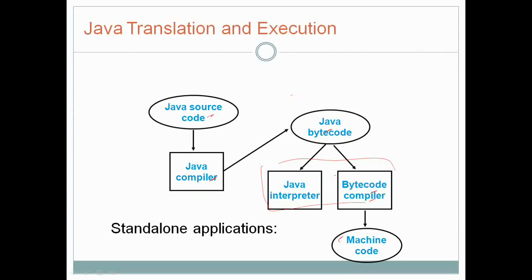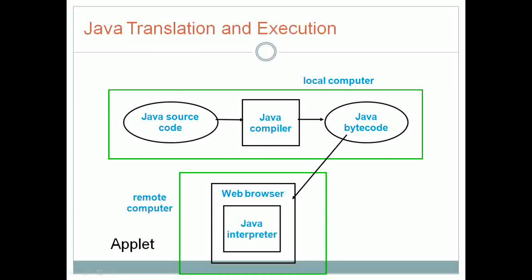Now this is about a standalone application, but there is one more kind of application called an applet. An applet is a program which is downloaded and executed within the browser. The browser has an interpreter which interprets the bytecode and executes it. So an applet is a web-supported program, and it is executed within the browser.